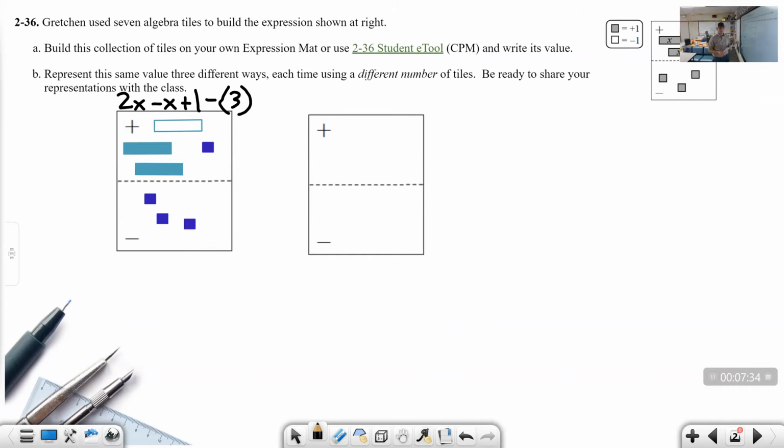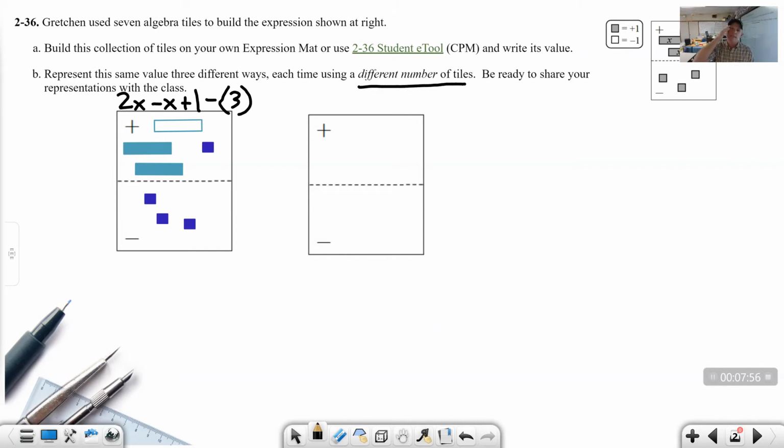Go ahead and write that in. Okay, notice that I've got a blank one over here to the right still. Because what we are going to do is talk about how can I use this mat, can I simplify it and have the same representation with a different number of tiles.